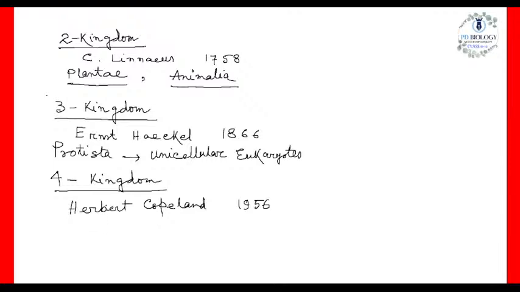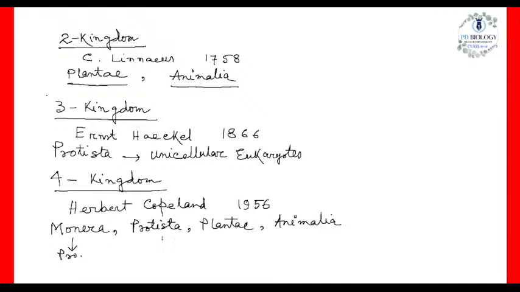In this classification system, bacteria and microbes are included under Monera. So Monera is introduced. Now the four kingdoms are Monera, Protista, Plantae, and Animalia. The Monera include the prokaryotic organisms.